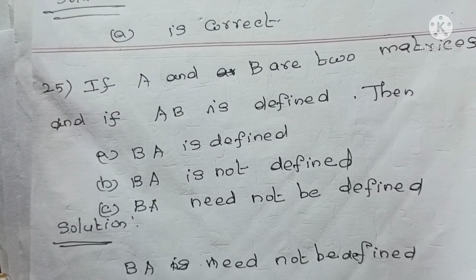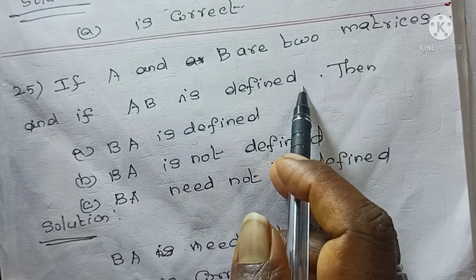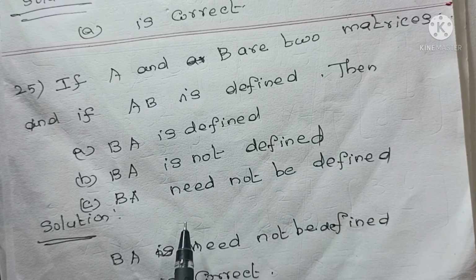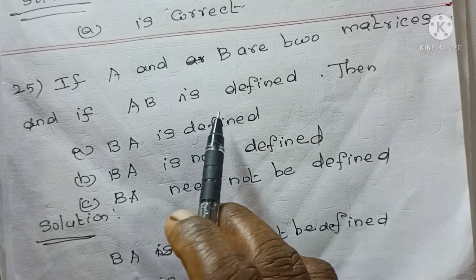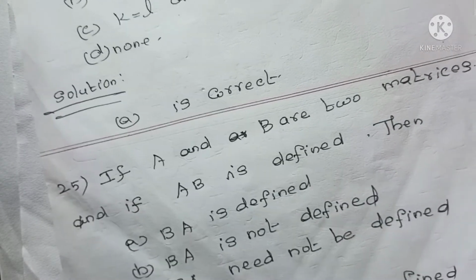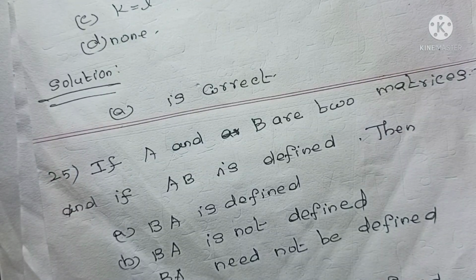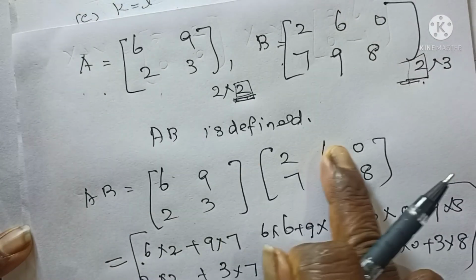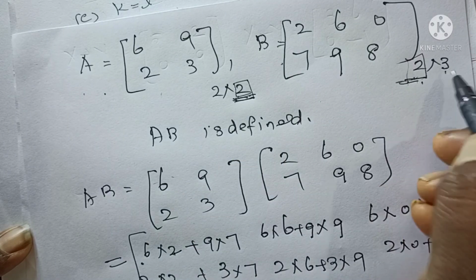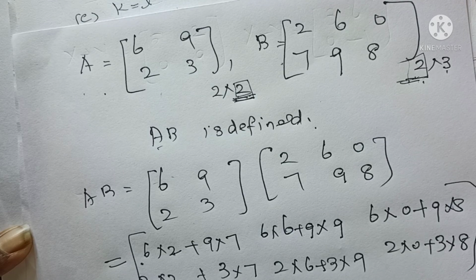Next, move on to the 25th question. If A and B are two matrices and if AB is defined, then BA is defined, or BA is not defined, or BA need not be defined. Here we have to see. Let's take one example. Here we can take a 2 by 2 matrix A and a 2 by 3 matrix B. AB is defined, but we have to check whether BA is defined.